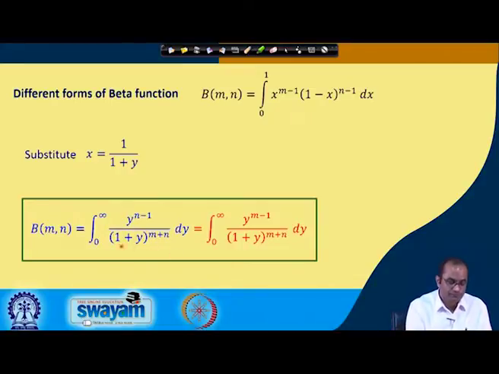Because this is a symmetric function, in beta m n we can replace m by n and n by m, the value will not differ. So, we have y power m minus 1 and 1 plus y power m plus n. So, this integral or this integral, they are the same, having the same value as beta m n.